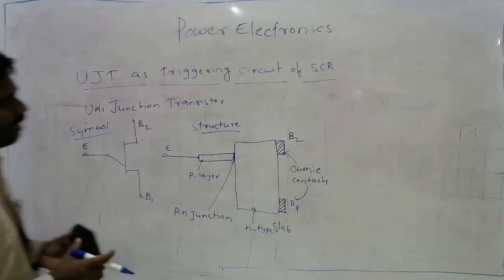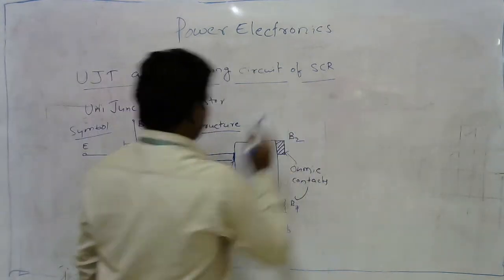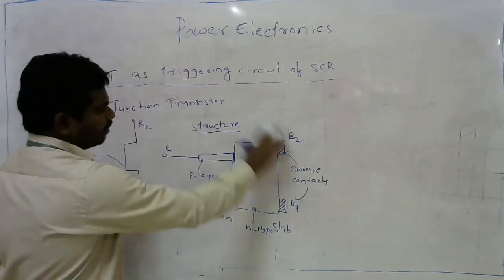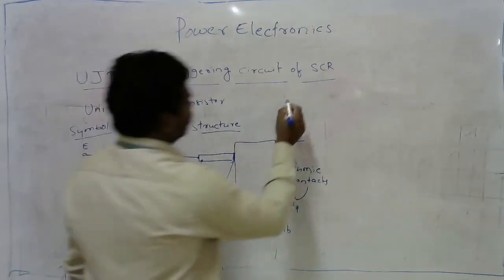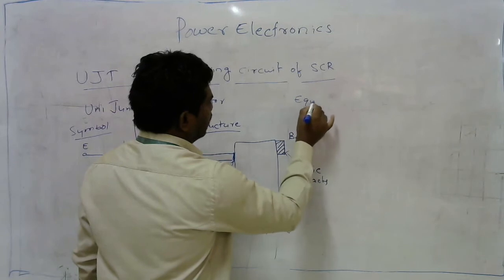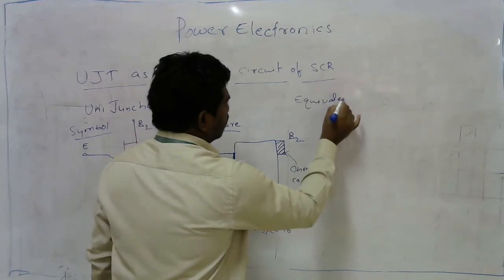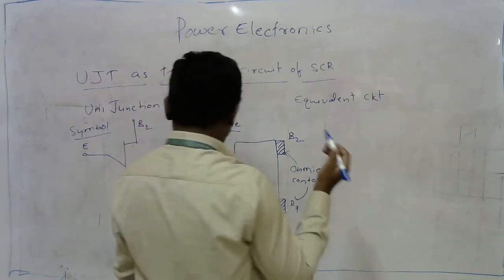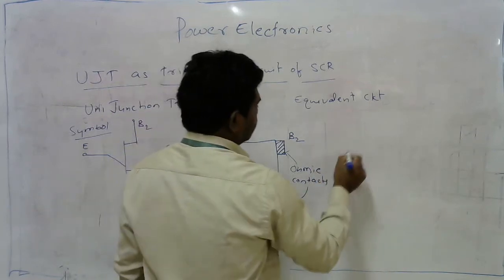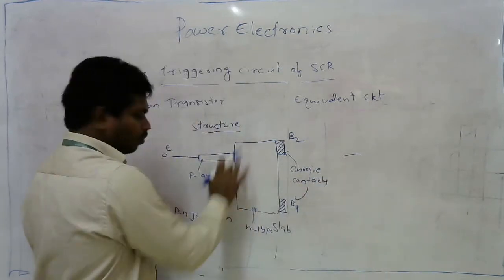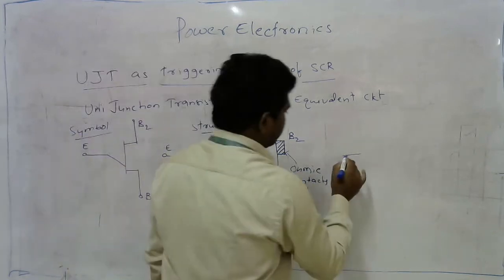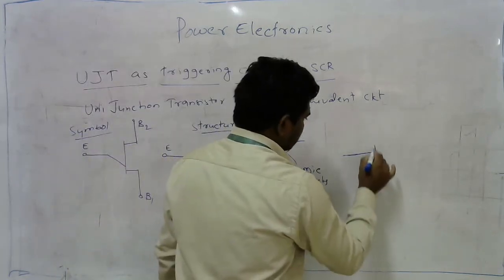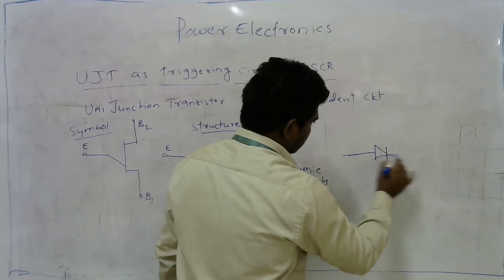Next, we will see the equivalent circuit of UJT. When we convert this structure into an equivalent circuit, see, it is a PN junction, no? That's why I am replacing that junction with one diode like this.